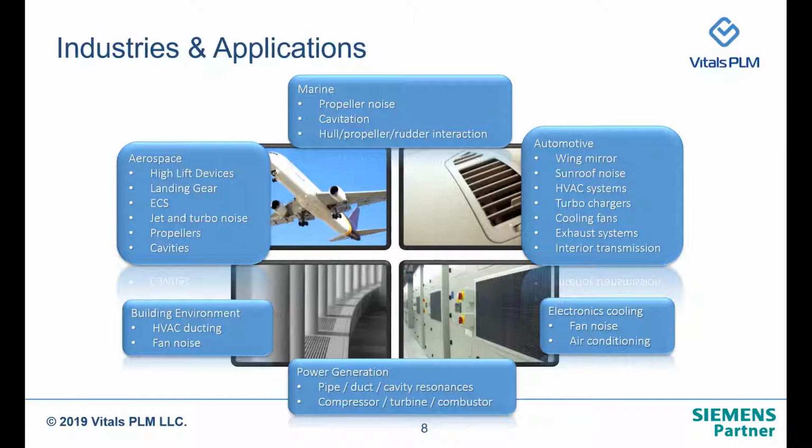And in the cavities, we can observe a phenomenon called resonance, where two frequencies match each other, and as a result, the sound levels are magnified because of this resonance phenomenon. The power generation industry also has rotating components like compressors, turbines, and combustors. All these rotating machinery have significant noise sources which need to be addressed.